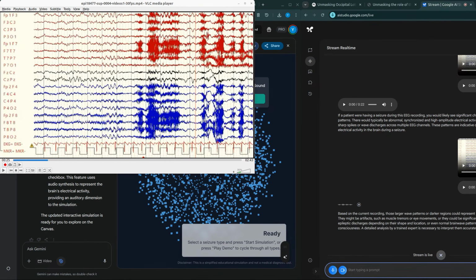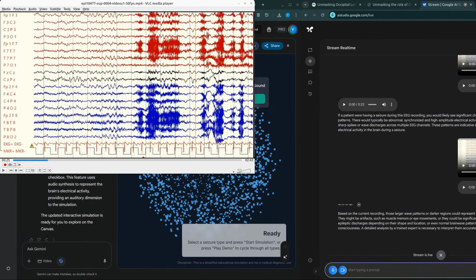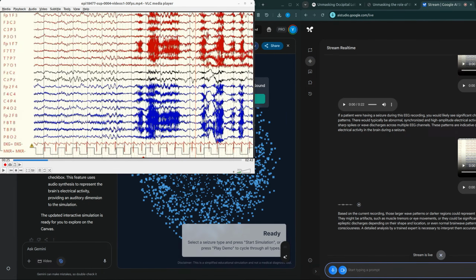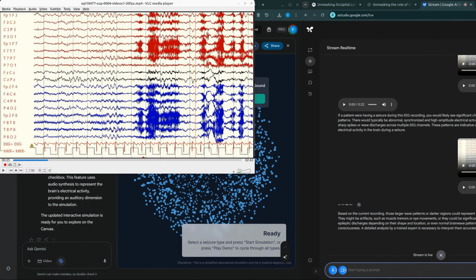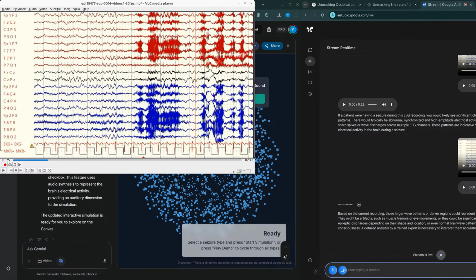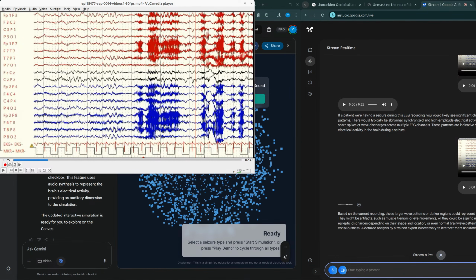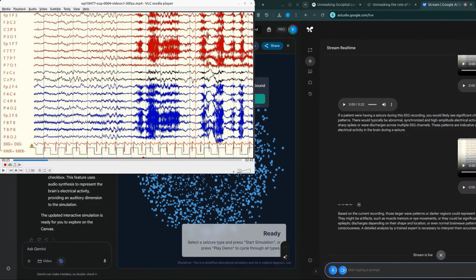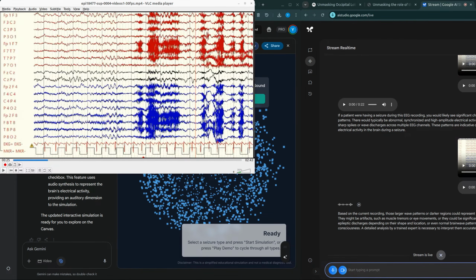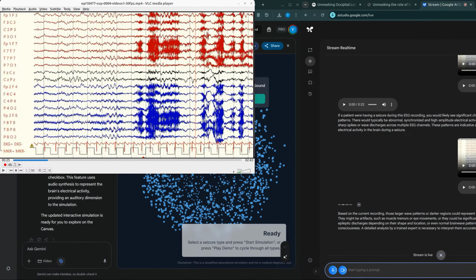They might be artifacts, such as muscle tremors or eye movements, or they could be significant brain activity, like epileptic discharges, depending on their shape and location, or even normal brainwave patterns during specific states of consciousness. A detailed analysis by a trained expert is necessary to interpret them accurately.